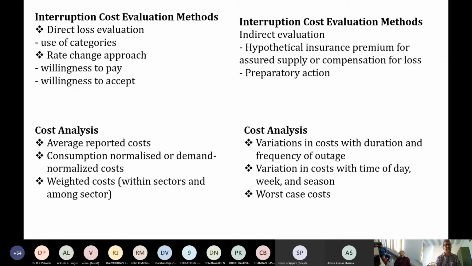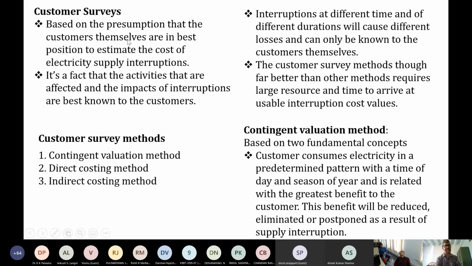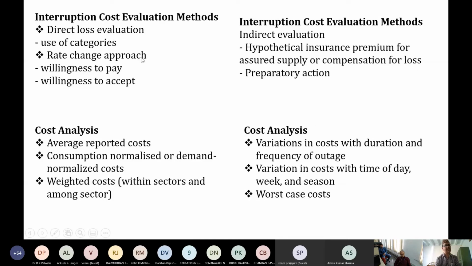So interruption cost evaluation methods: I already mentioned direct loss evaluation and the rate change approach. Direct loss evaluation is mostly for residential customers, and the rate change approach means willingness to pay and willingness to accept. That is, if you are willing to pay a higher price to get higher reliability, that is the rate change approach.